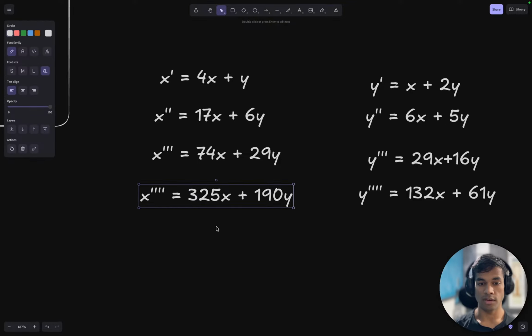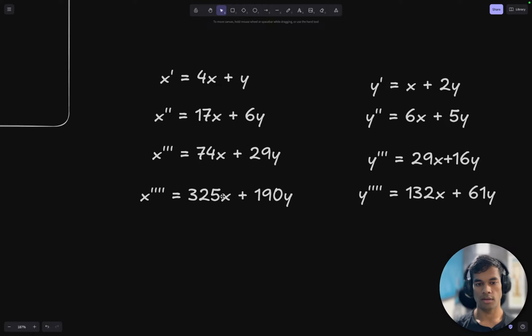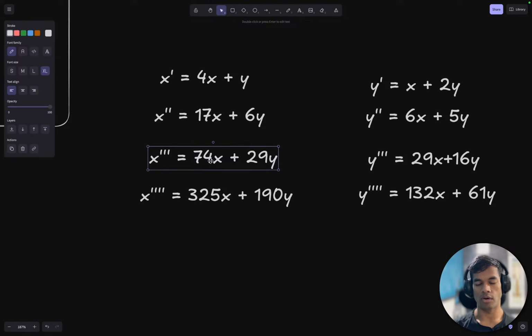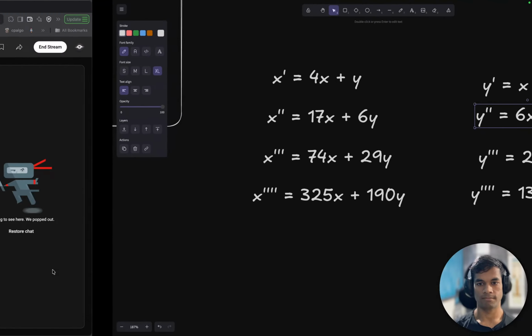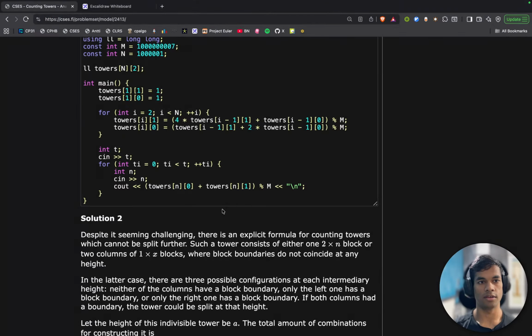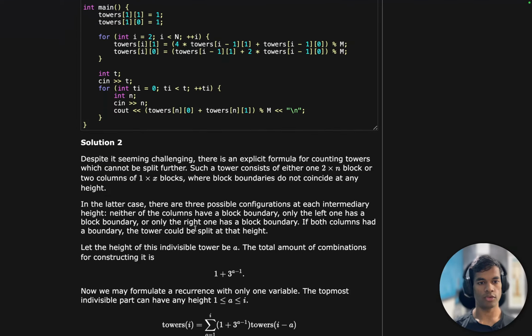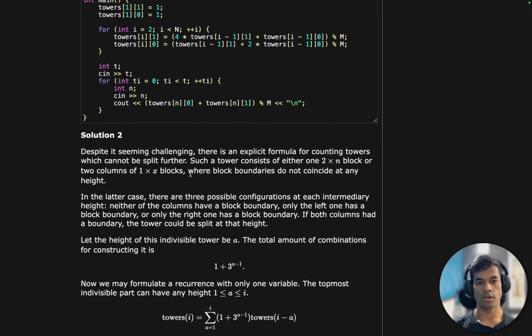Because this value here, 325, depends on this and on this, which depend internally on the previous two values. Let's just read the thing. Solution 2. Despite it seeming challenging, there is an explicit formula for counting towers which cannot be split further.